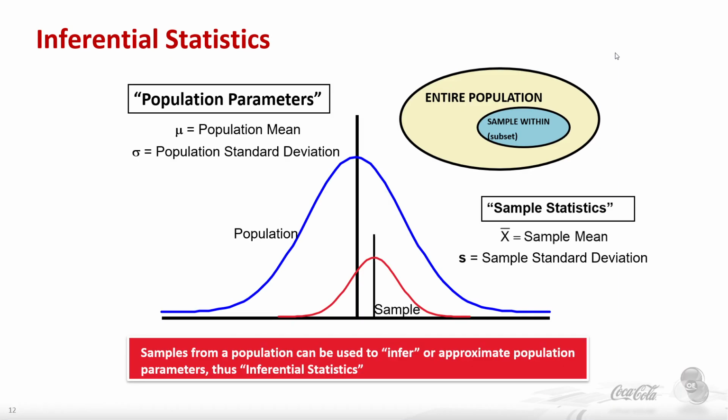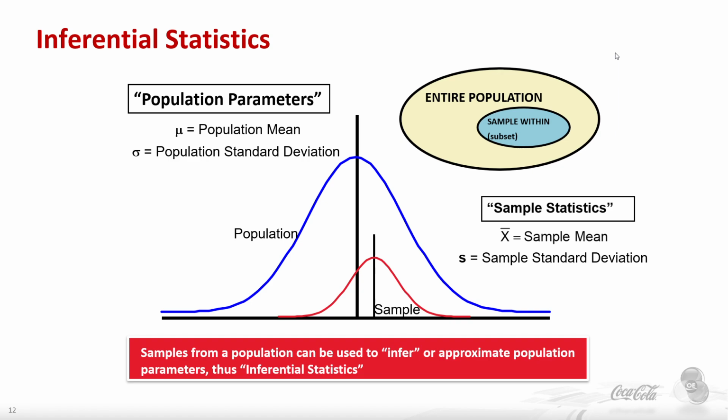Going forward, now we will discuss inferential statistics. There are some parameters of the population of data. Number one, we have the population mean, which is shown by the symbol mu. Then we have the population standard deviation, which is shown by sigma. Then we have x bar, the mean of the sample.